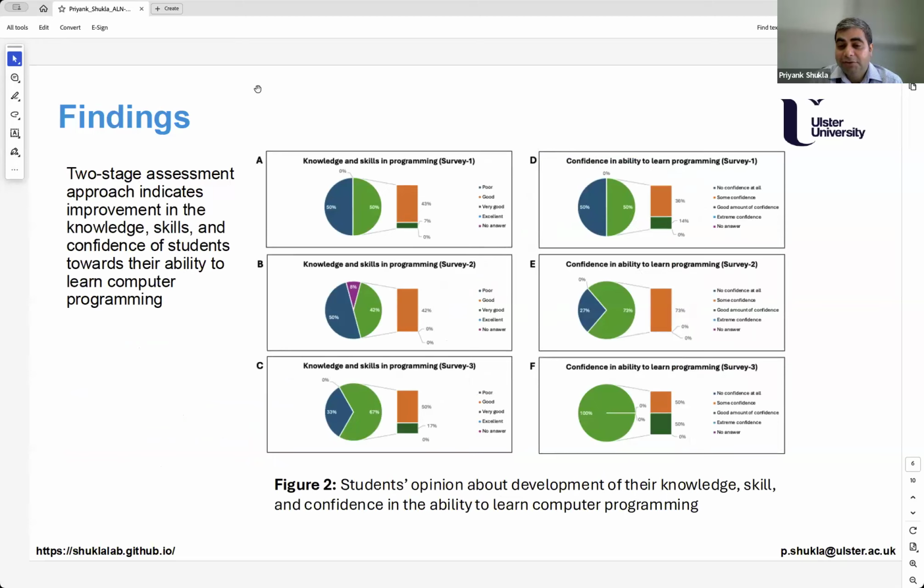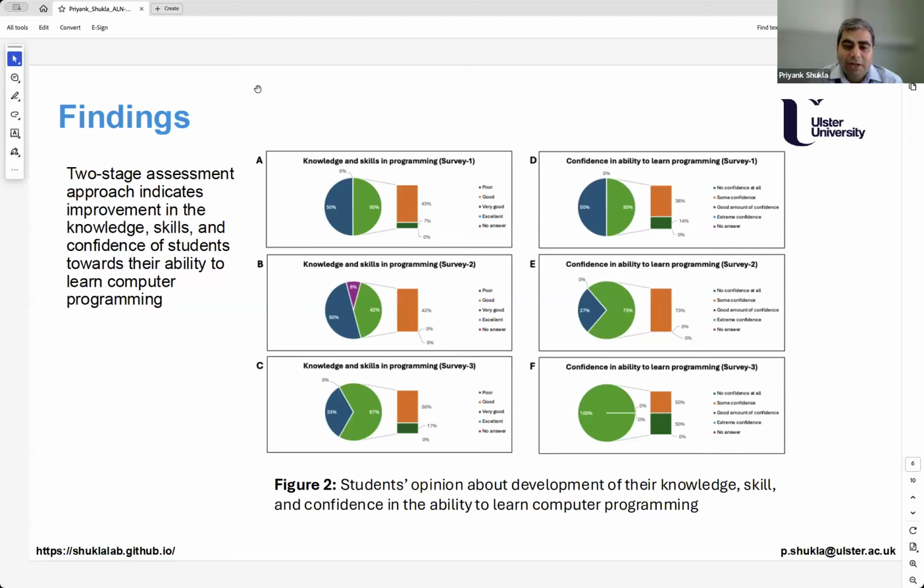And for us, the confidence was really one of the most important keys, because at the end of the day, we don't expect all of those students to become software engineers in health data science, but the pressure and the worry they had about how they were going to learn, that confidence was really important to improve, and we could clearly see that as we went through the module. In the final survey, everyone said there is some confidence or a good amount of confidence, whereas at the start half of them were saying no confidence at all.